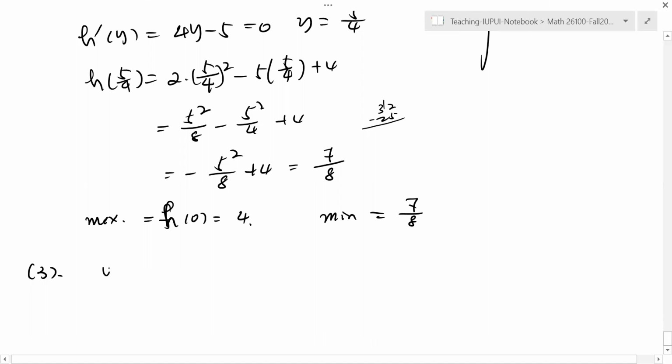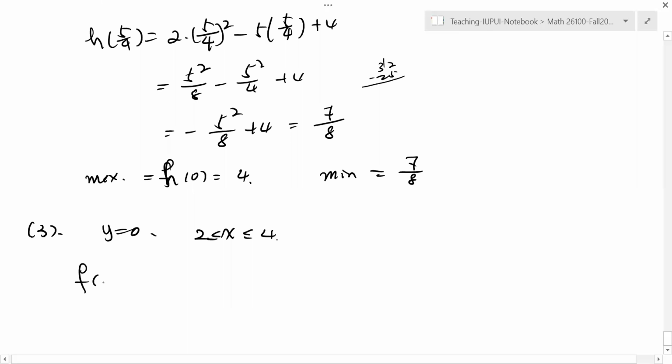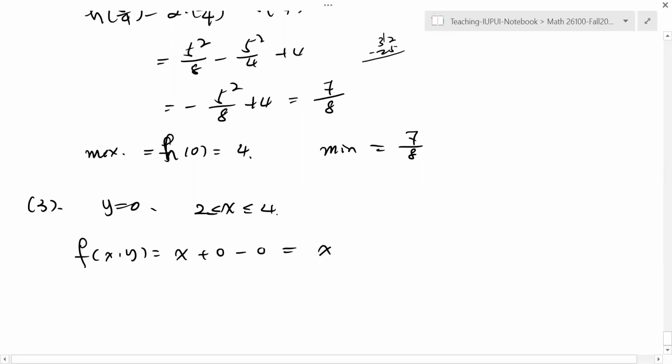So now the third one is along y is 0, x is between 2 and 4. It's easy. So x plus 0 minus 0, so it's just x. For this function, the maximum value is going to be 4, minimum value is going to be 2.